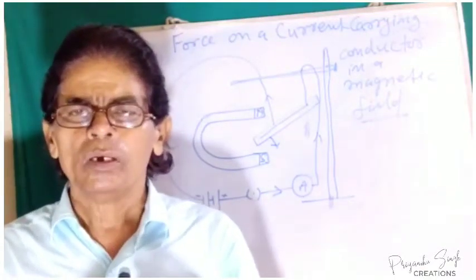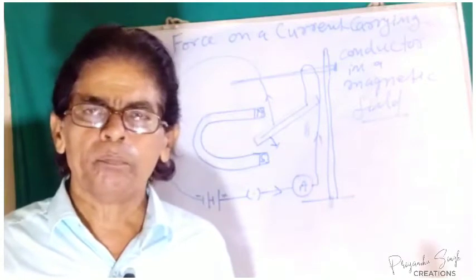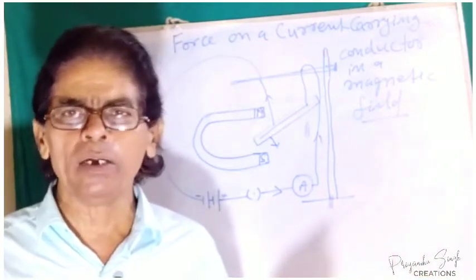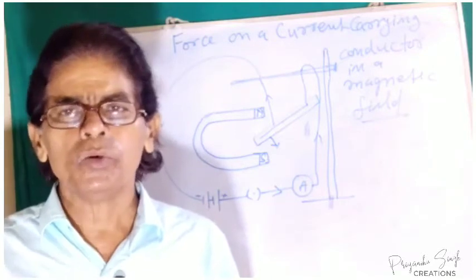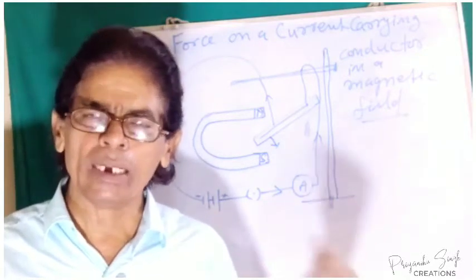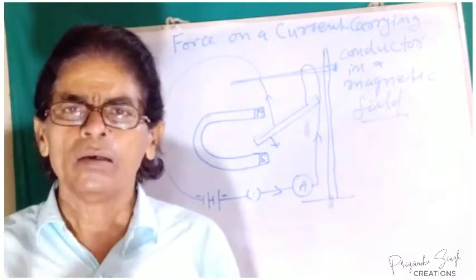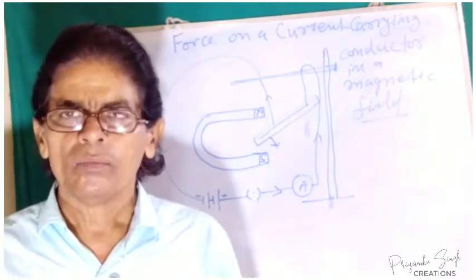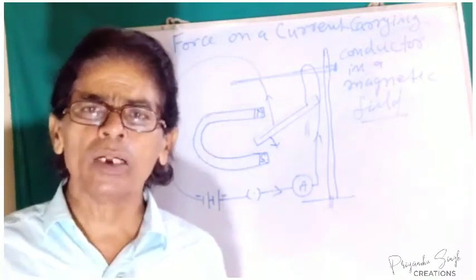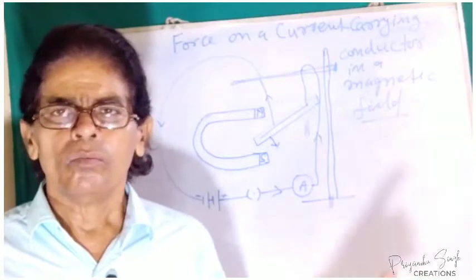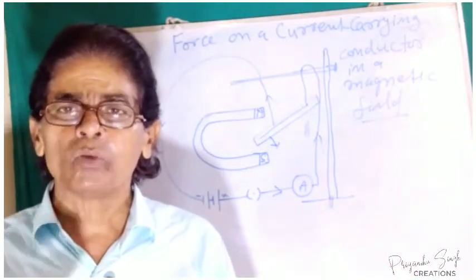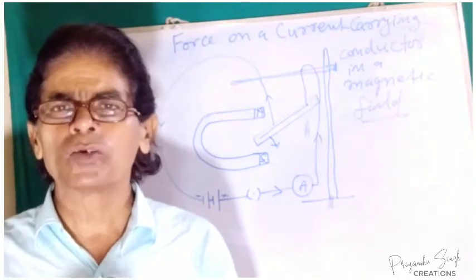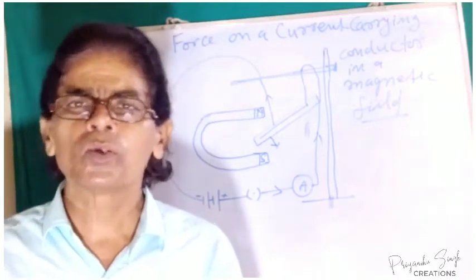Suppose the force due to the magnetic field of the permanent magnet and the force due to the magnetic field of the current carrying conductor are coplanar. Then the deflection in the aluminum rod is observed at right angles to these two forces.